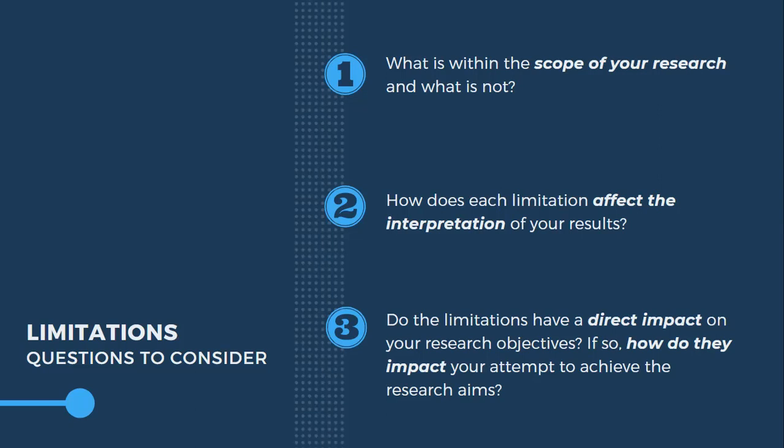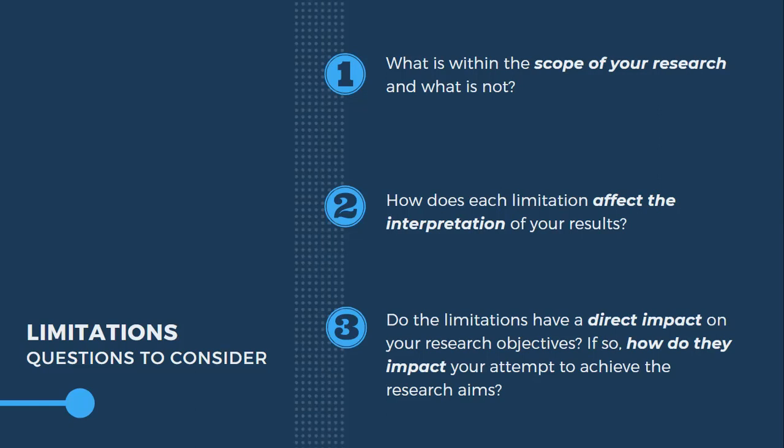And third is when we have a lot of limitations, like several limitations in our research, then we want to consider, do all of them have a direct impact on your research objective? We only want to include the ones that really have an impact on our research objective, and we want to answer how exactly they impact your attempt to achieve the research aim.